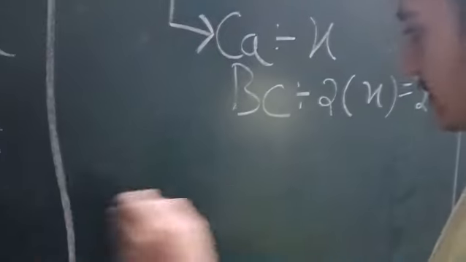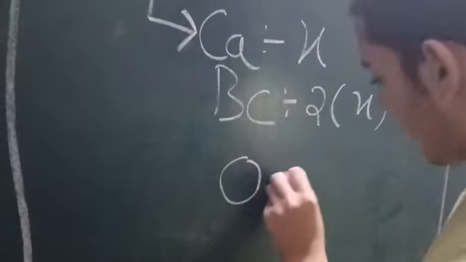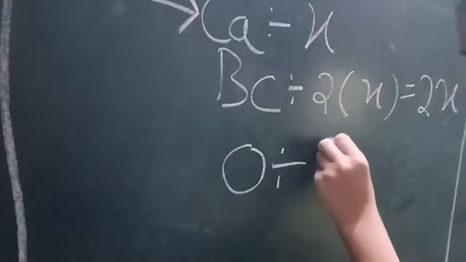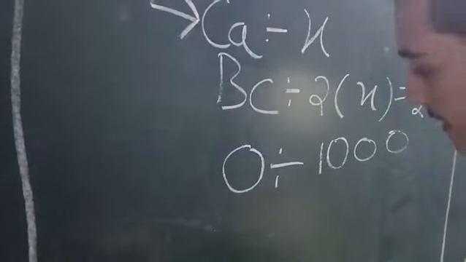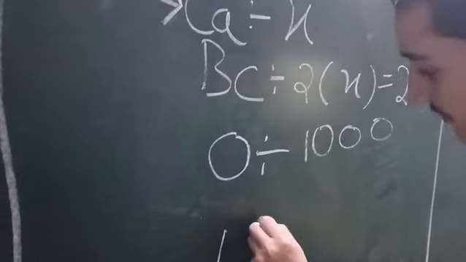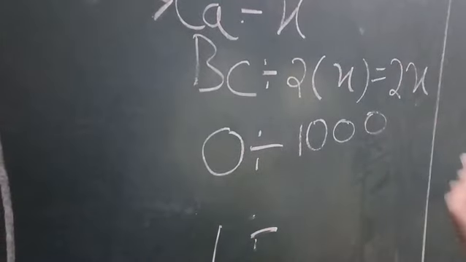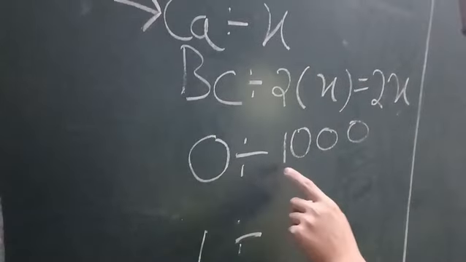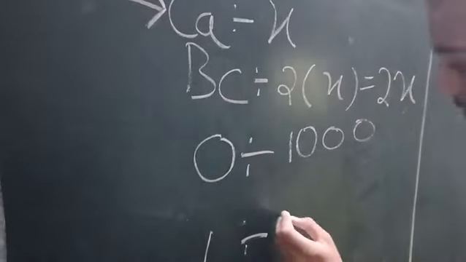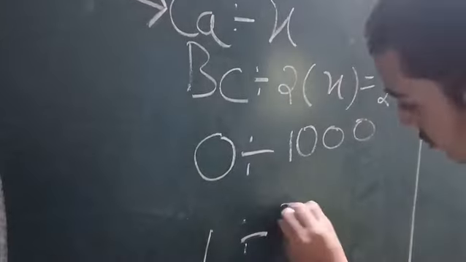Then the value of O will be 1000, as he offered rupees 1000. Then the value of L will be the amount of money he had minus the amount of money he offered. So 2x minus 1000.